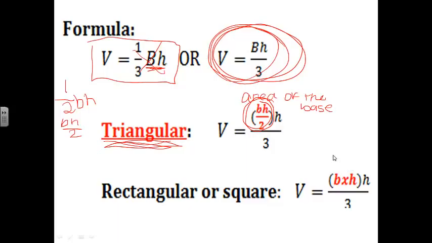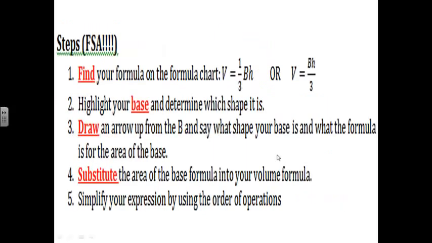Okay? Seems kind of complicated, but it's really not, because you know how to do this part 100%, or you should. All right, so a rectangle or square base is going to be replaced with just base times height, b times h, times the height of the entire figure, and then divide everything by 3. Okay, it'll make more sense when we do some examples.